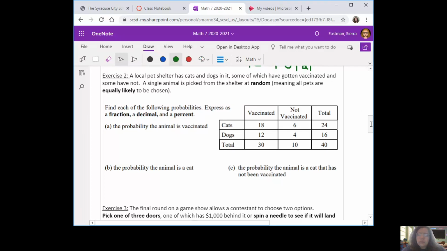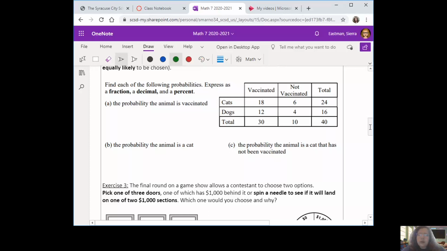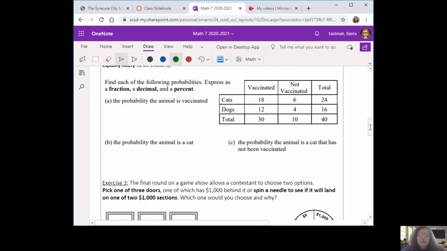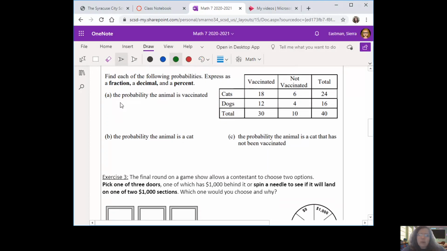Okay, so let's go ahead and take a look at this. We want the probability that the animal is vaccinated. So for this sample space, they are talking about all total animals, okay? Our sample space total on the bottom of our fraction has to be 40. They're talking about all animals.